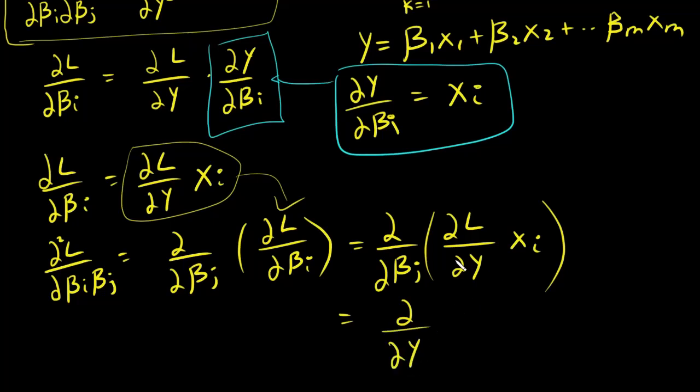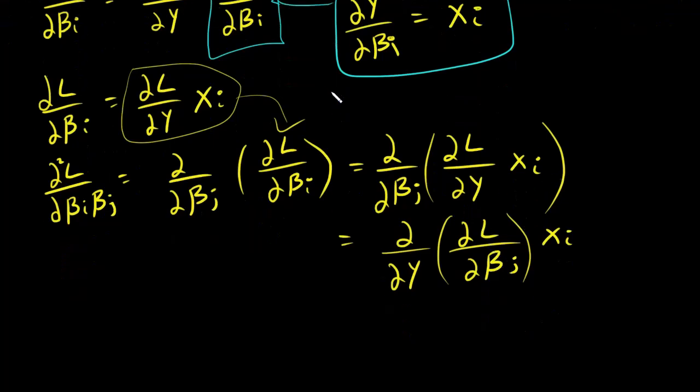I'm going to rearrange the order of my taking the derivative, which I can do under certain conditions. So this is good. The reason why I like the way I've just written it is now I can basically do this chain rule again. So I'm taking the derivative.